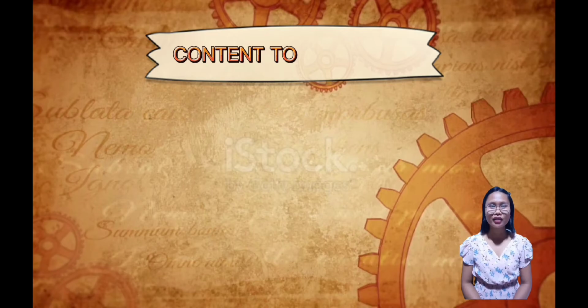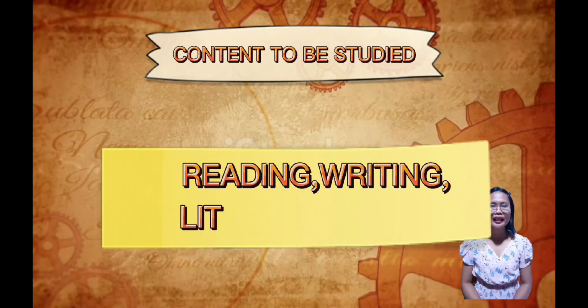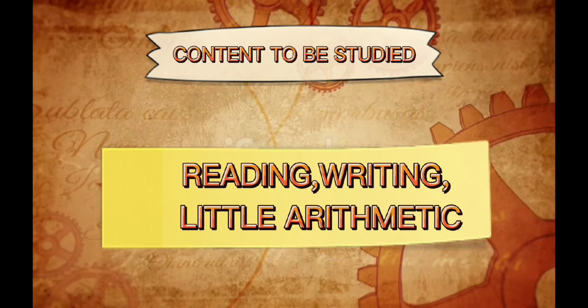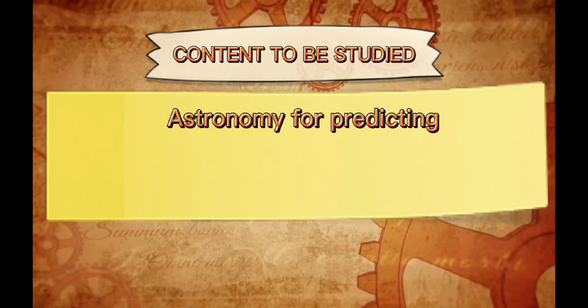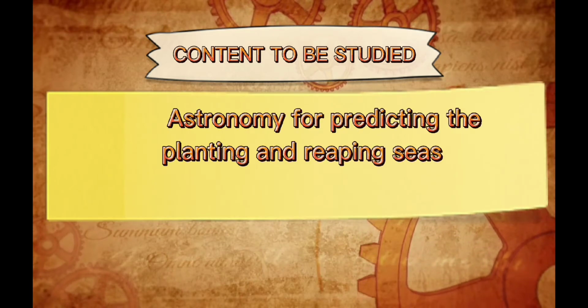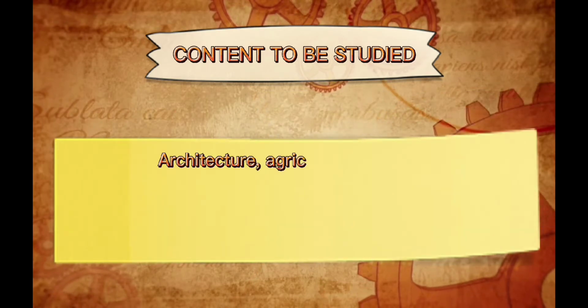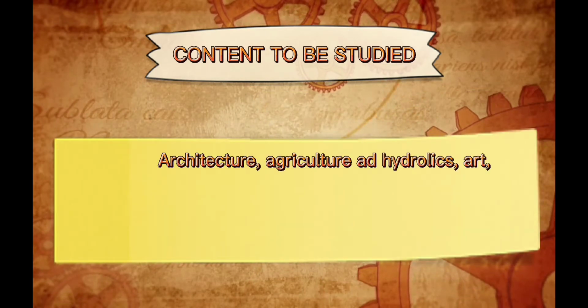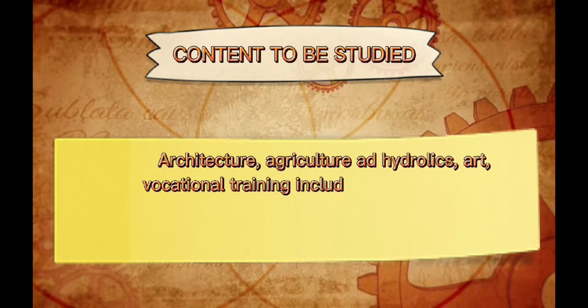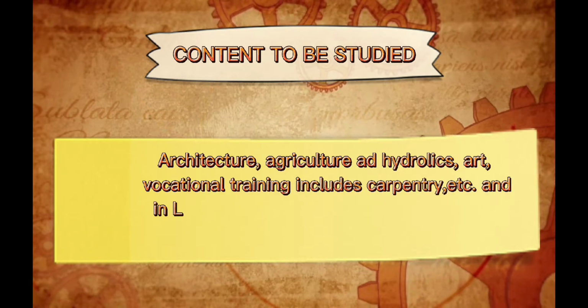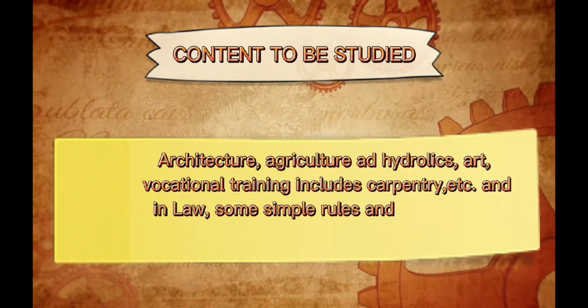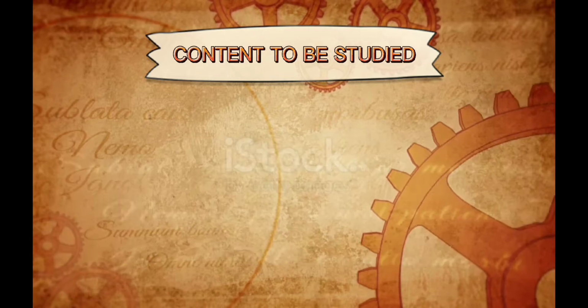Content to be studied: reading, writing, little arithmetic. Astronomy for predicting the planting and reaping seasons, astrology, medicine and surgery, architecture, agriculture and hydraulics, art, vocational training includes carpentry, etc. And in law, some simple rules and regulations to be obeyed.